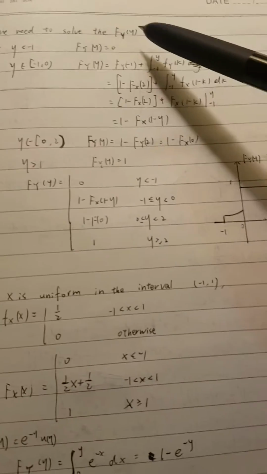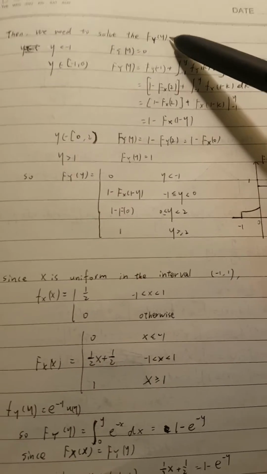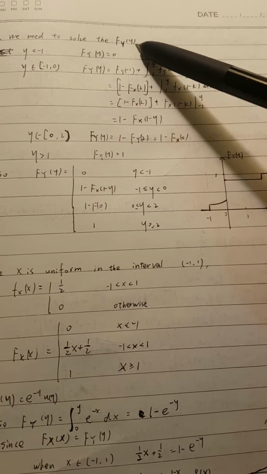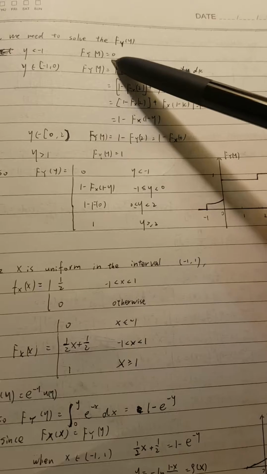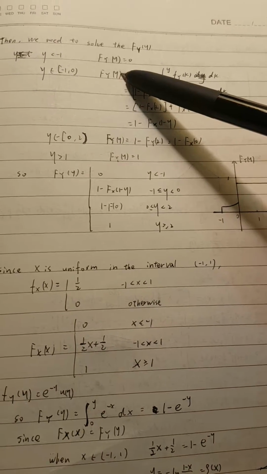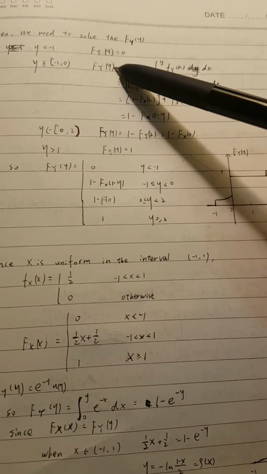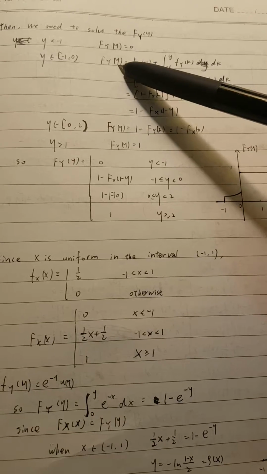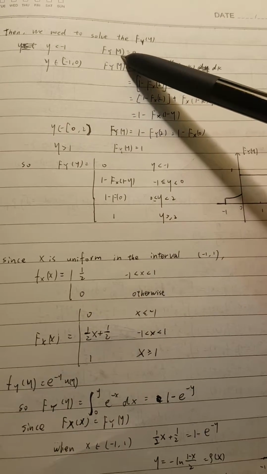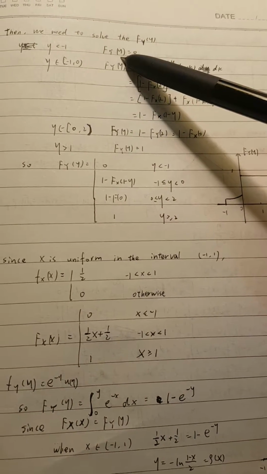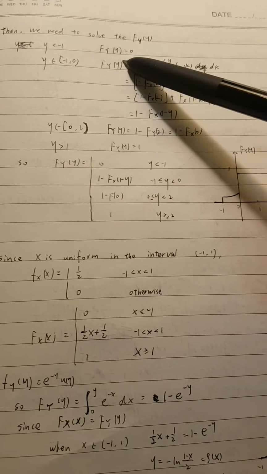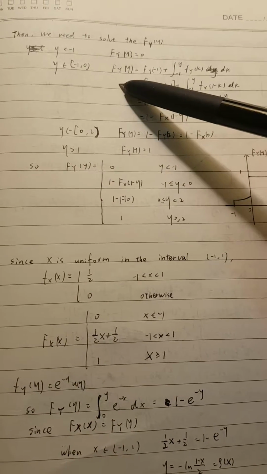Then we need to solve the probability distribution of Y. There are also four parts of this function. First, if Y is smaller than -1, the function is 0.